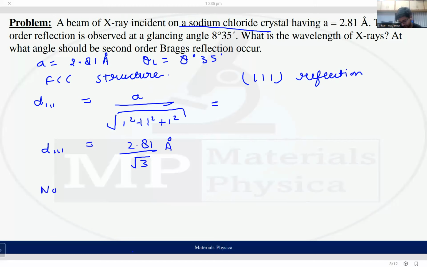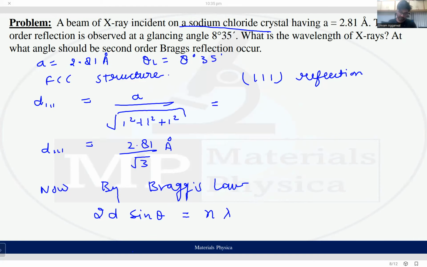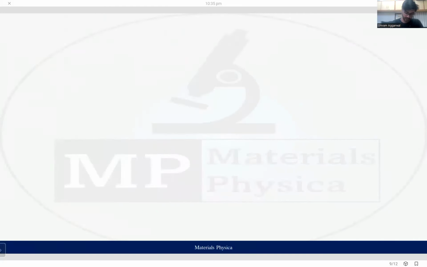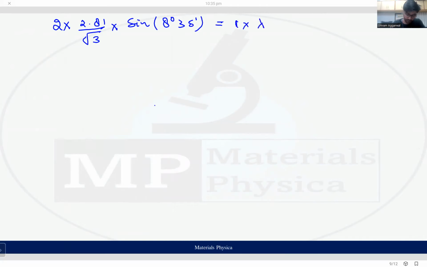Now by Bragg's law, 2d sin theta is equal to n lambda, and here this is the first order reflection, so the value of n is equal to 1. 2d again is 2.81 over root 3, into sin theta, which is 8 degree 35 minutes, and n is 1, and we have to calculate the value of lambda.